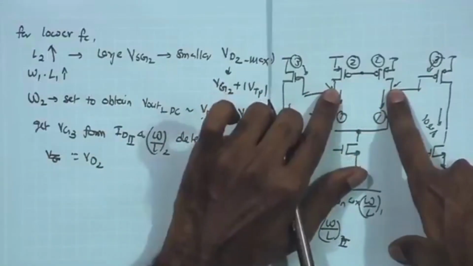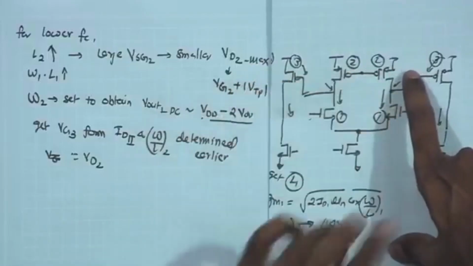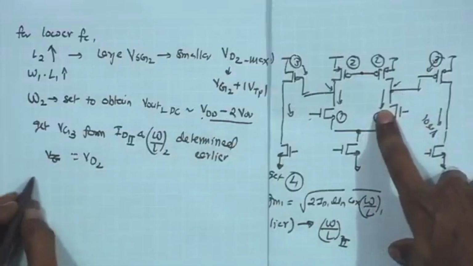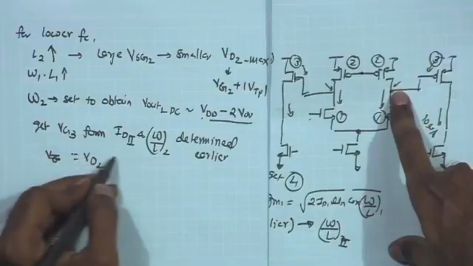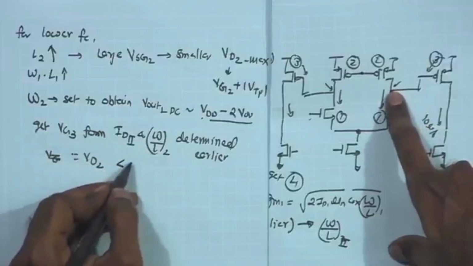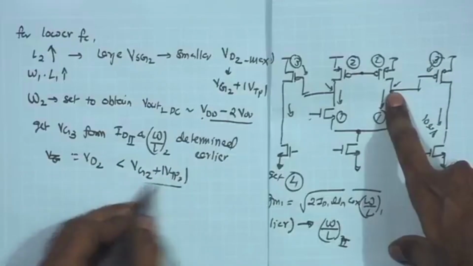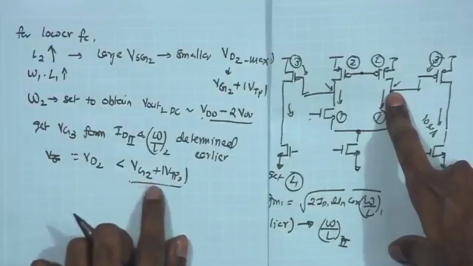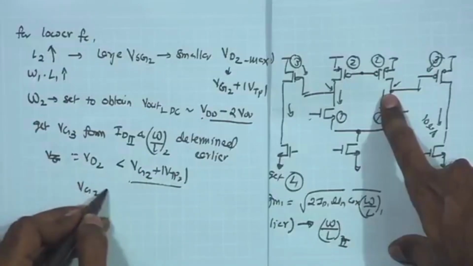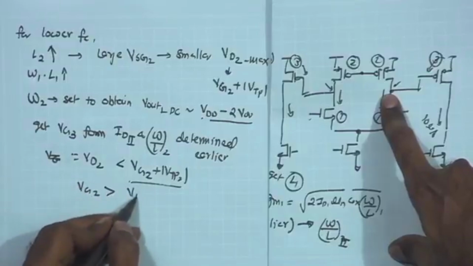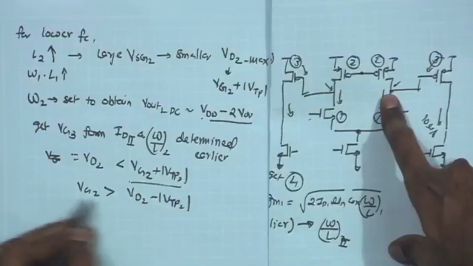and corresponding to that I would like to make sure that this VD2 is not too high for the M2. So, I would like to make sure that VD2 over here is lower than VG2 plus mod VTP2, and that means I can obtain the value of VG2 required. VG2 should be greater than VD2 minus mod VTP2, and that is going to give me the VSG requirement.